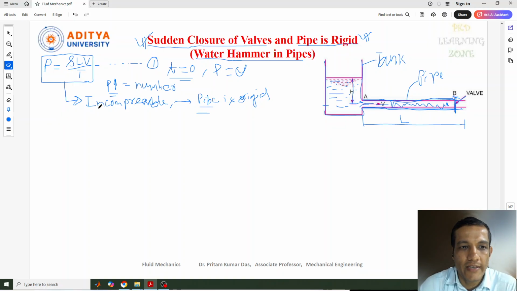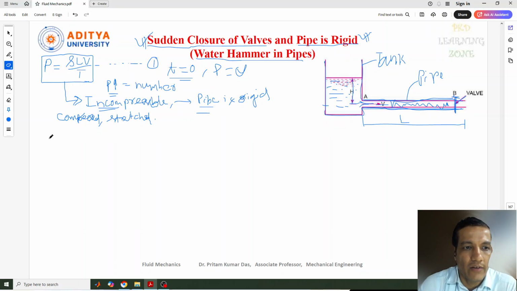So here two things came. One thing is the liquid will be compressed to some extent, and the pipe, as I mentioned, will somehow be stretched. For sudden closure of valves like this one, two different conditions need to be considered.